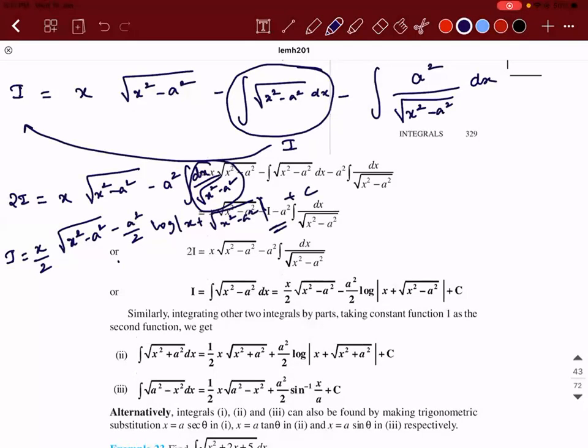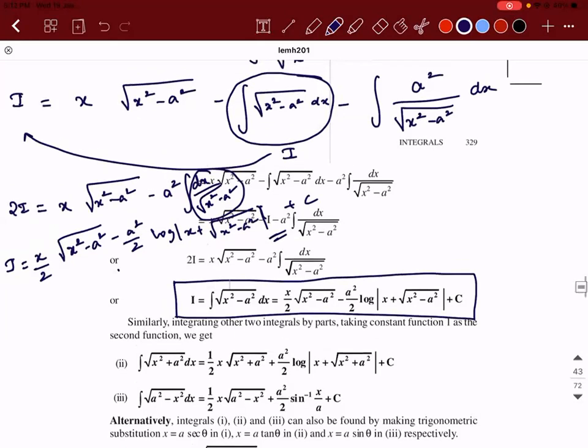So this whole thing is the formula. I'm sorry I had to write on top of letters, but I'm assuming that you would have understood this step. That is, I took this a square outside. Dx by root of x square minus a square has a ready-made formula. What is it? Log of x plus root of x square minus a square plus c.